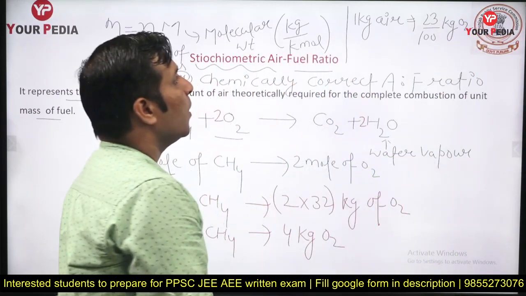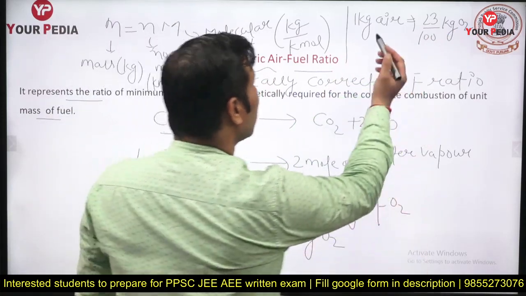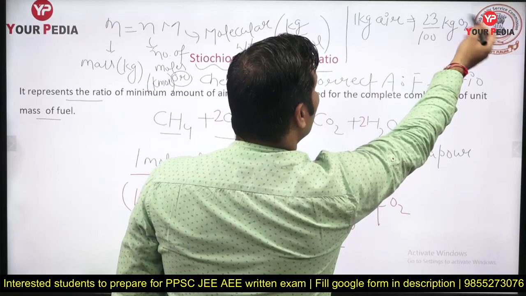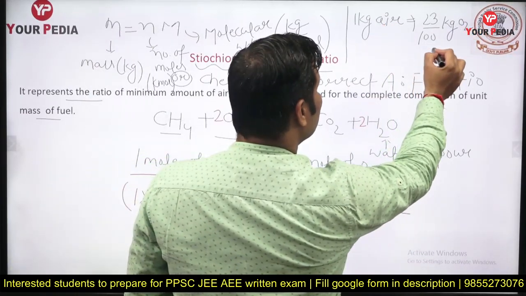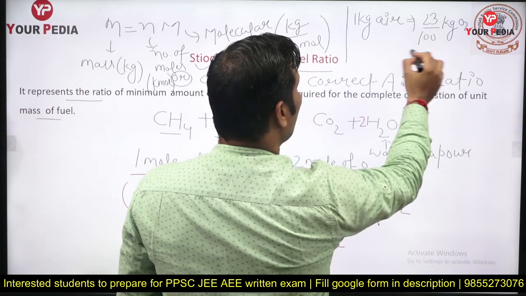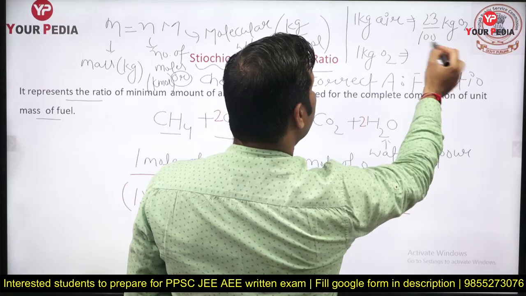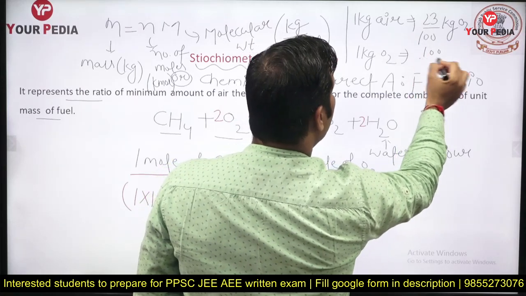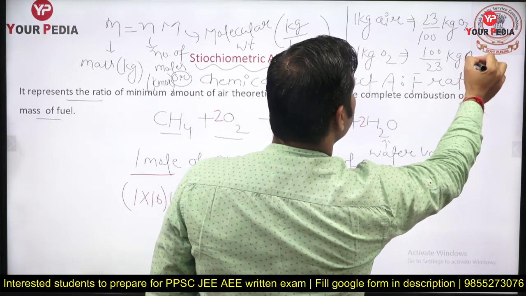Yes or no? 1 kg air contains this much kg oxygen. Or you can reverse it and write that this much kg oxygen is there in this much kg air. So 1 kg oxygen will be there in how much kg air, guys? 1 kg oxygen will be there in 100 by 23 kg air.